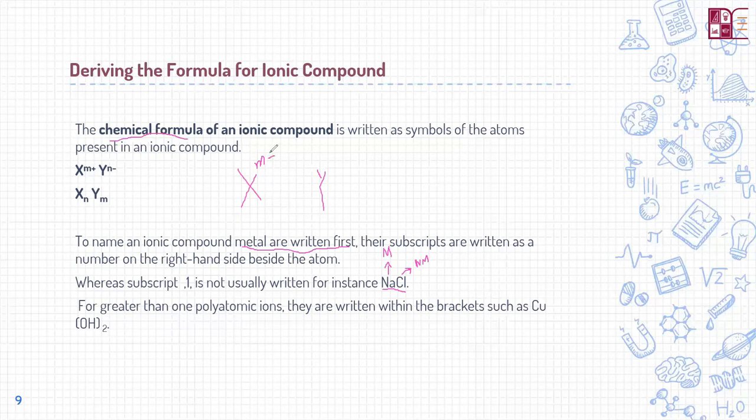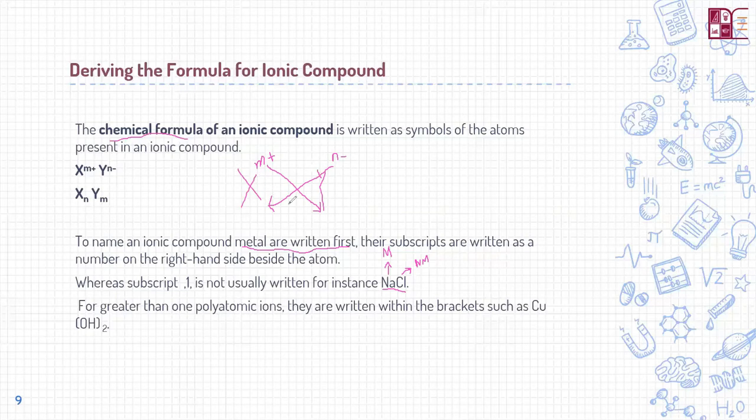Metallic ions have positive charges, they are going to form cations, and non-metals are going to form anions. That is why this one is going to have a negative charge. And when you are going to derive its formula, how is it going to occur? This is going to be the derivation.